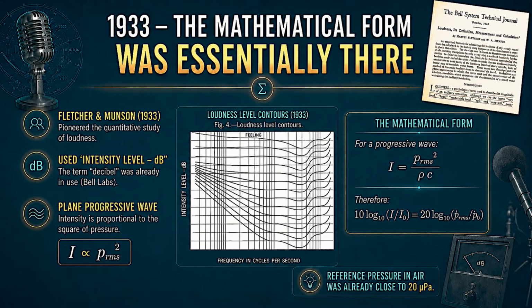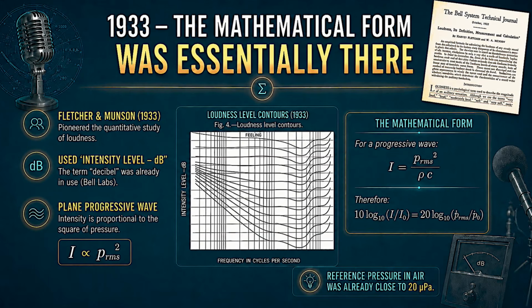However, they were already using sound pressure to calculate intensity. For a plane or spherical progressive wave, sound intensity can be related to RMS sound pressure by I equals P RMS squared, divided by rho times c. This means that, under progressive wave conditions, an intensity ratio can be expressed as a squared pressure ratio.